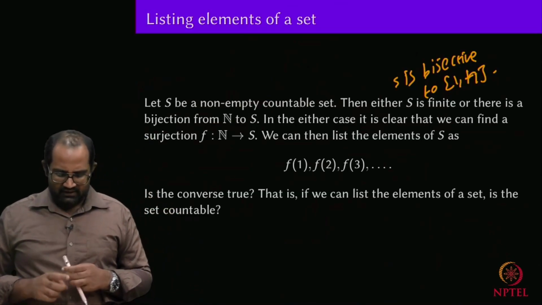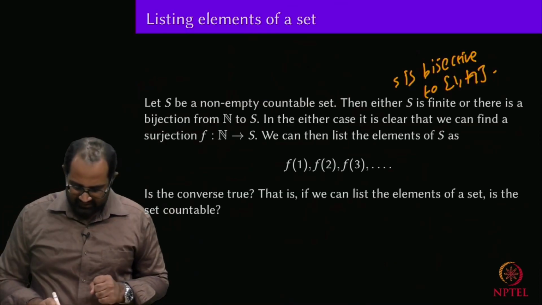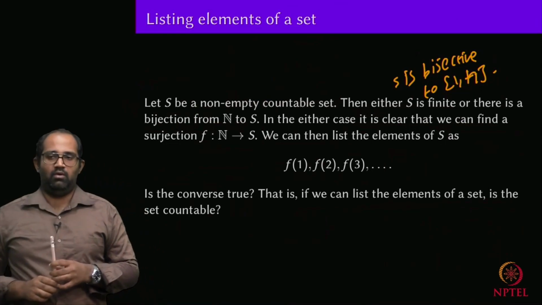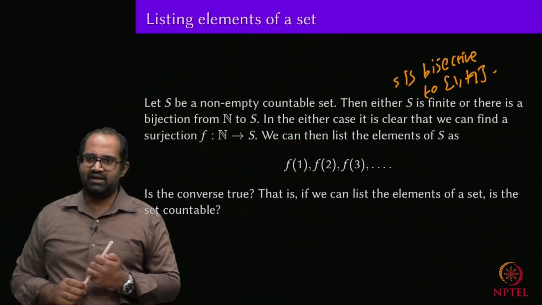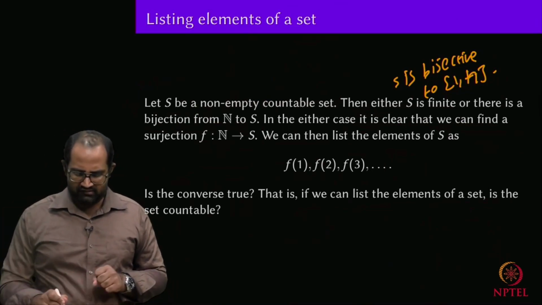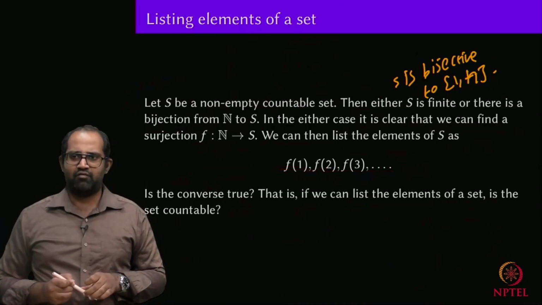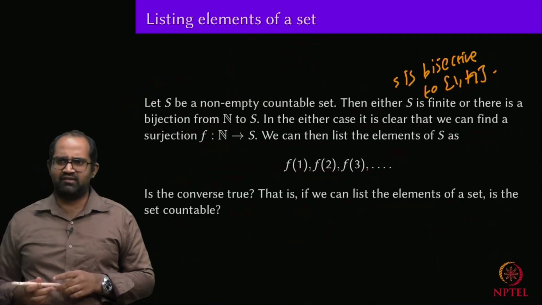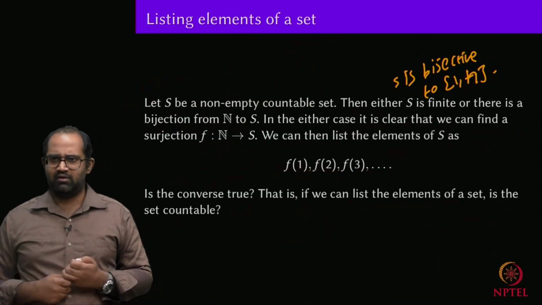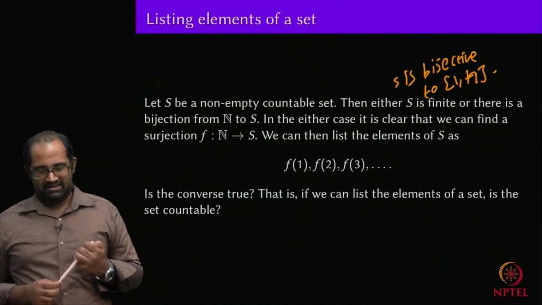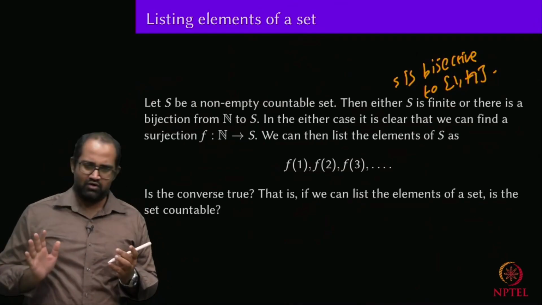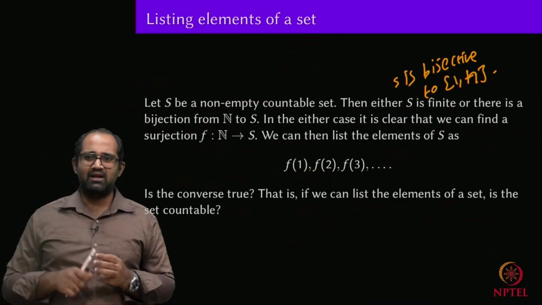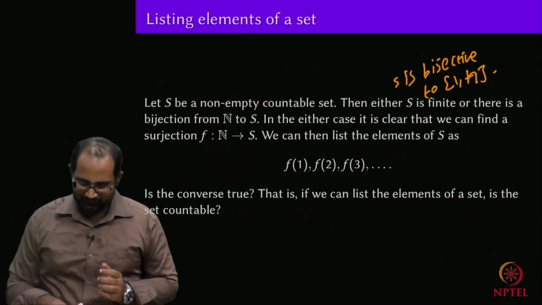That is, if we can list the elements of a set, is the set countable? Well, you might think I'm crazy, isn't that obvious? You have already listed out the elements as f of 1, f of 2, f of 3, then the obvious bijection is available to you, right? Well, technically yes and no. Well, it is rather obvious, but a little bit of proof needs to be done.